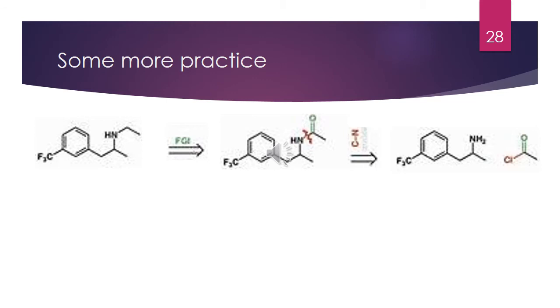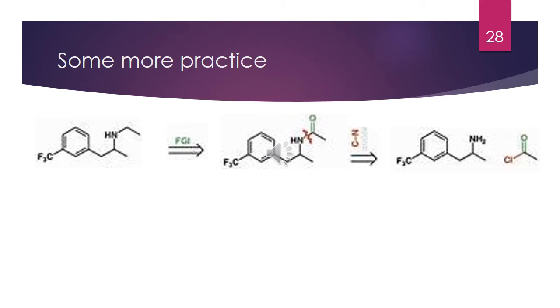So here we have possibilities. Number one, we can disconnect the bond between this carbon and nitrogen. We can cleave the bond between the ethyl group and the nitrogen, or the other way around, so we have two possibilities here, and we are going to see what the consequences will be. Firstly, consider that we have to break the bond between this ethyl group and the NH group.